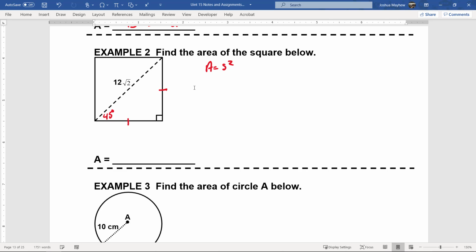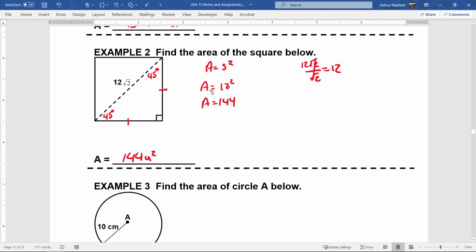Since it's an isosceles right triangle, it is a 45, 45, 90 right triangle. So we need to go hypotenuse to short, and we do that by dividing by rad 2. So 12 rad 2 divided by rad 2 gives us a dimension of 12. So to find the area, 12 squared, simply 144 square units for the area of that square.